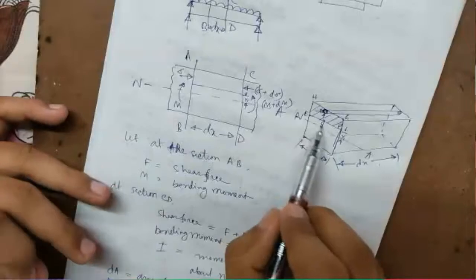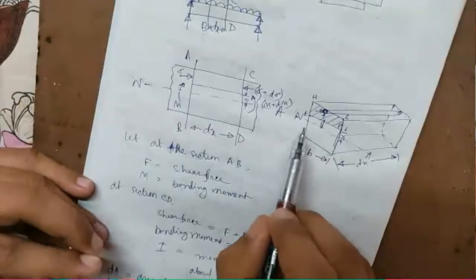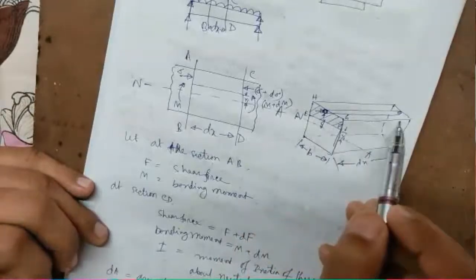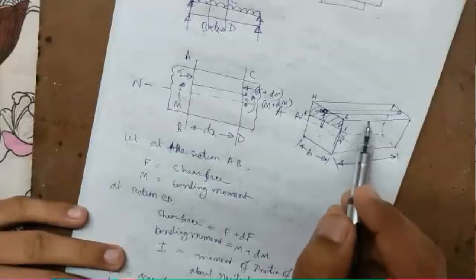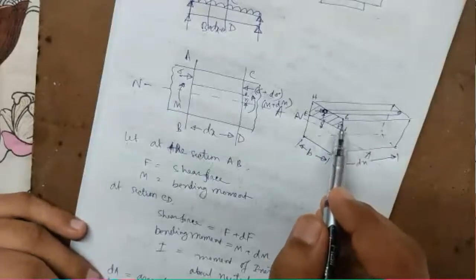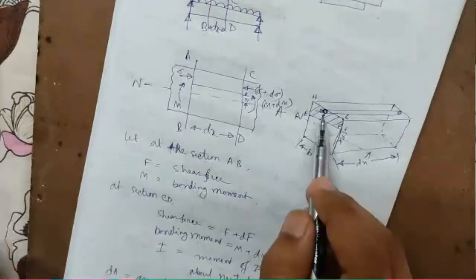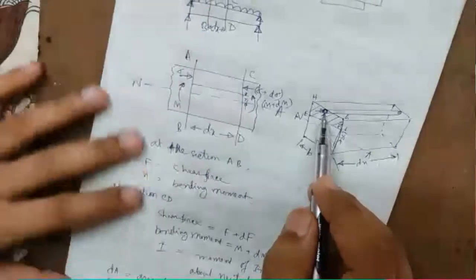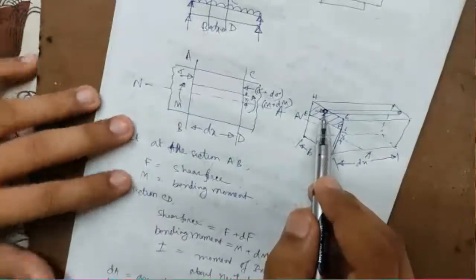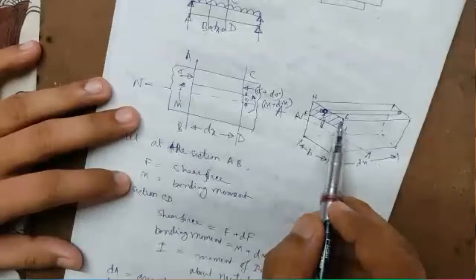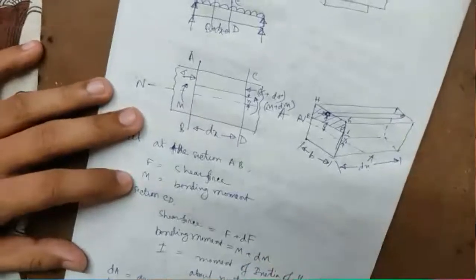We are considering this area EFGH, which is above EF, between the AB section and the CD section, and is made of a finite number of elemental cylinders. So if the force can be found for one elemental cylinder, the force can be found for this total hatched area by integrating them.